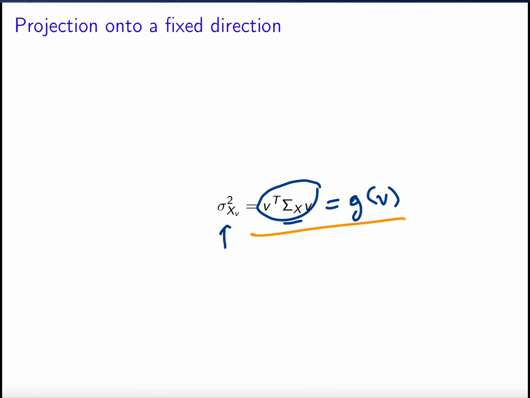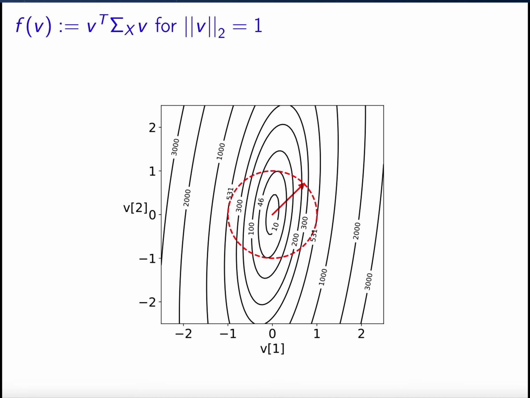This is a quadratic form where you plug in a value of v, one of these vectors, and it gives you the sample variance in that direction. And this is what this function looks like. This is the particular v that we have been considering up until now.